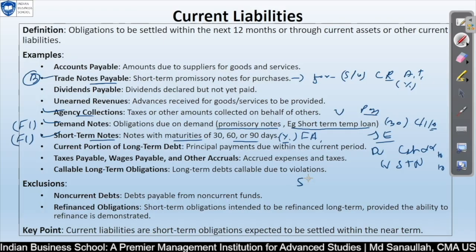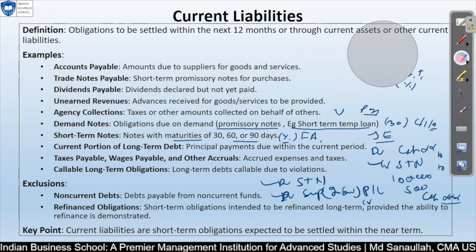You will debit your short-term note and also debit your interest expense, which will go to your P&L or income statement. This is 10,000, this may be 500, and you will credit the cash you are paying. This one will nullify with this, this expense will go to your P&L, and this cash will be nullified with cash. You have taken 10,000, but you are paying 10,500 because of interest expense. This is the overall impact.